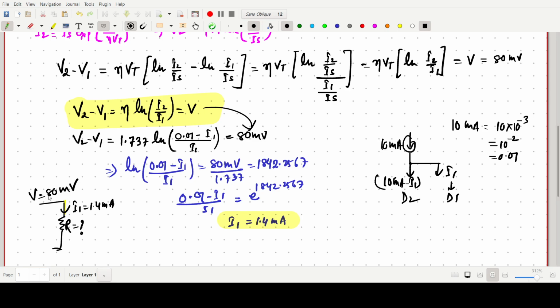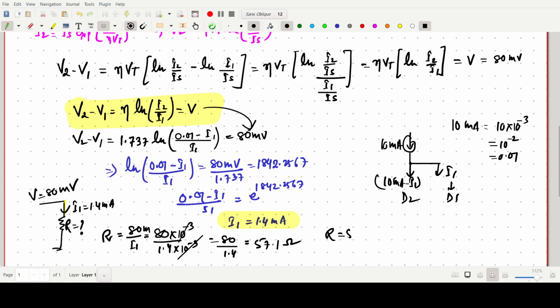So the R value will be simply 80 by I1, which is 80 into 10 to the power minus 3 by 1.4 into 10 to the power minus 3, so 80 by 1.4, which comes to 7.1 ohm. So the R value will be 7.1 ohm.